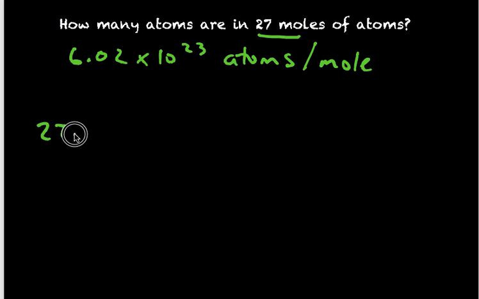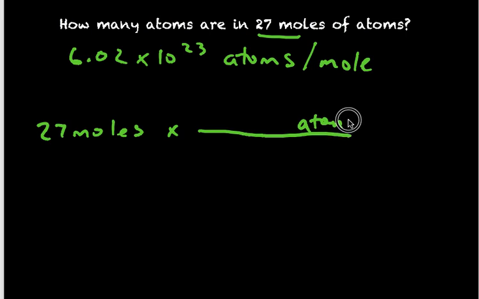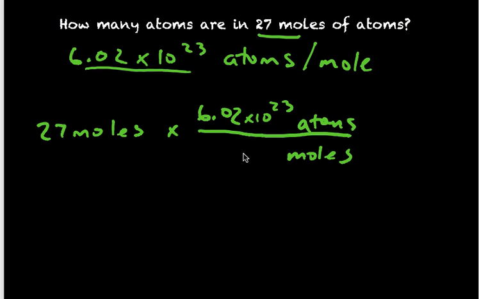So you do 27 moles multiplied by what we want on top and what we want to cancel on bottom. So there are 6.02 times 10 to the 23rd atoms for every 1 mole.